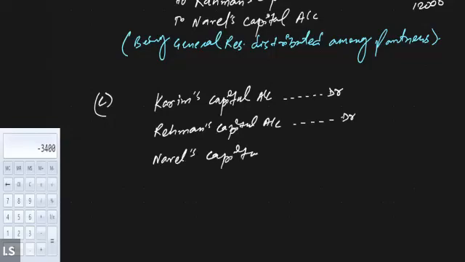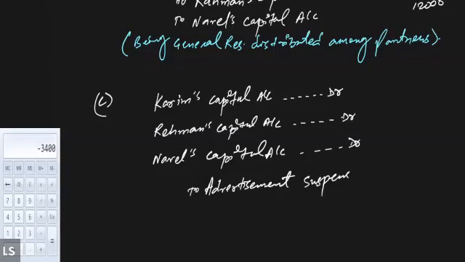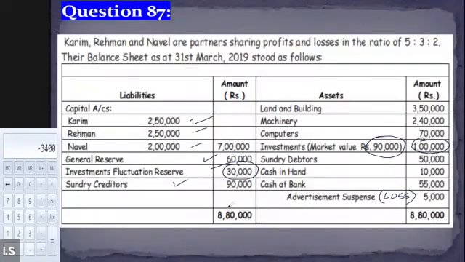Tell me, Aman, Halima, clear? Yes, sir. To advertisement suspense account. Right, and the amount of loss was 5,000 only.